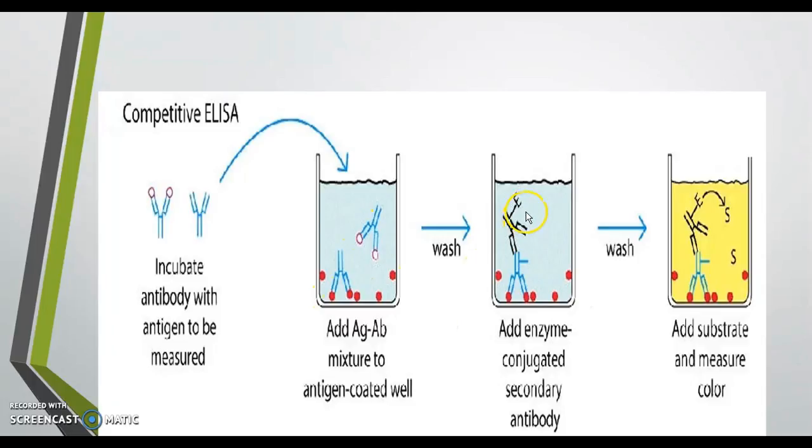Then the secondary antibody, which contains the enzyme, will be bound to the primary antibody. When it is washed off to remove the excess secondary antibody that was not able to bind to the complex, and the substrate is added, there will be a color change. The color change depends on the amount of antigen in the reaction.